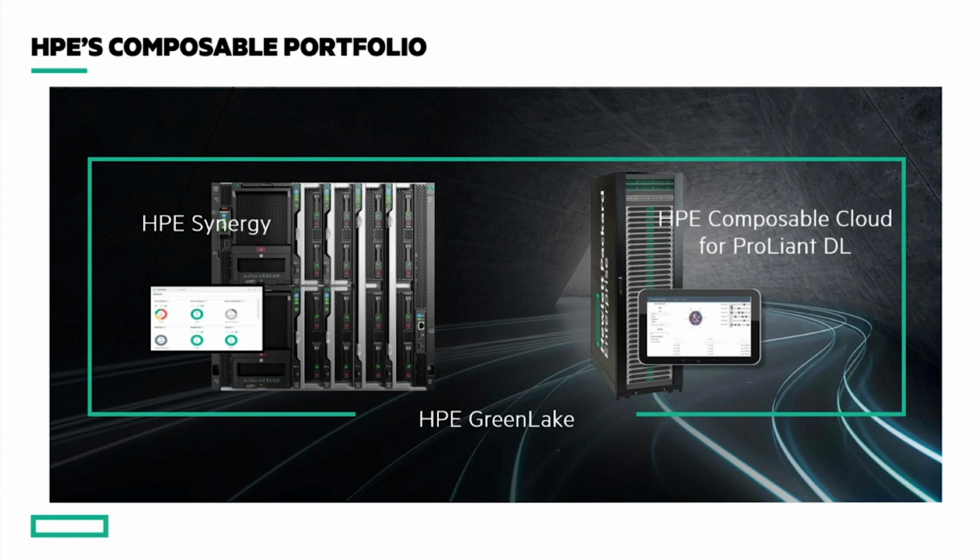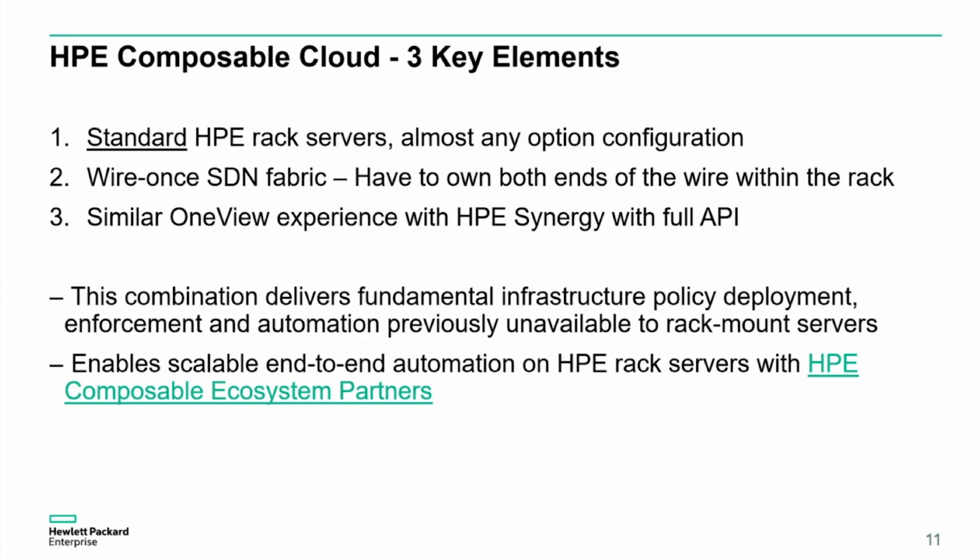So what is HPE Composable Cloud for ProLiant DL? It's really pretty simple. It's standard HPE rack servers with almost any option configuration. One of the key design tenets for us is that we did not want a separate server model or any special software that needed to run, or even really any limitation on option selections, from which chassis you use to CPUs, memory, hard drives, what have you.